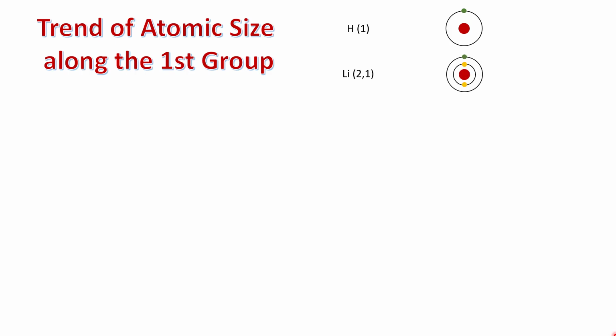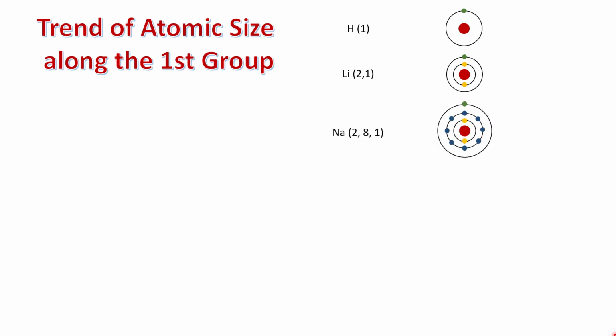But when we move down a group, there comes lithium with atomic number 3. Now you can observe that there are 3 protons in the nucleus of lithium and 3 electrons, but the 3 electrons have been distributed in two shells. In K shell there are 2 electrons and in L shell there is 1 electron.